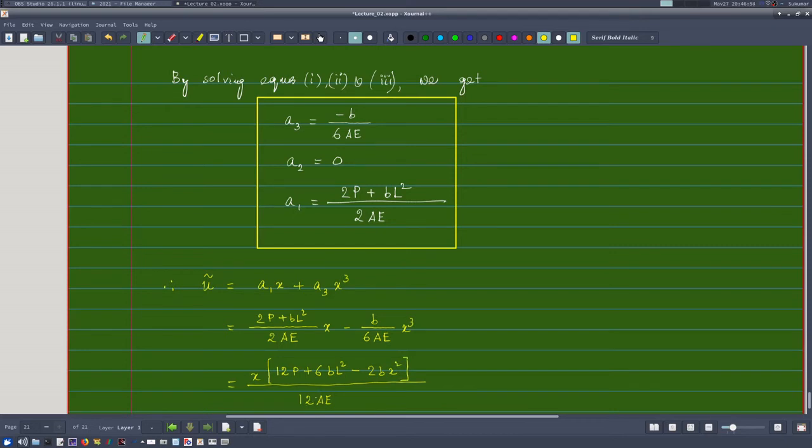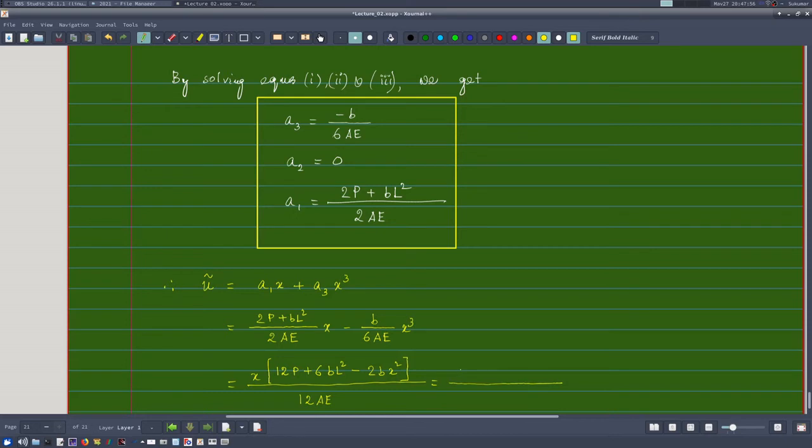Because if you see all these terms are divisible by 2, so I can take 2 common, and therefore in that case I will get the expression that we got from the analytical solution.